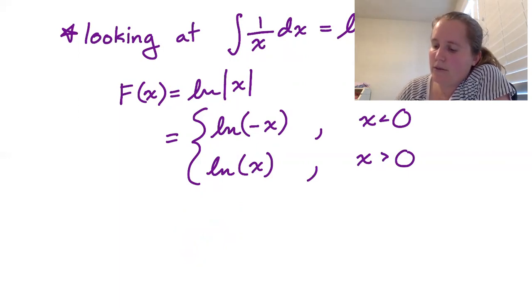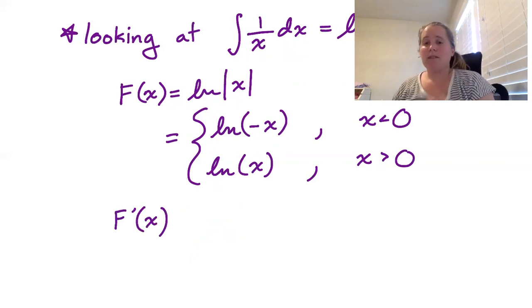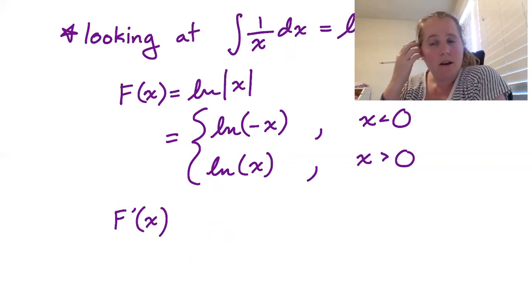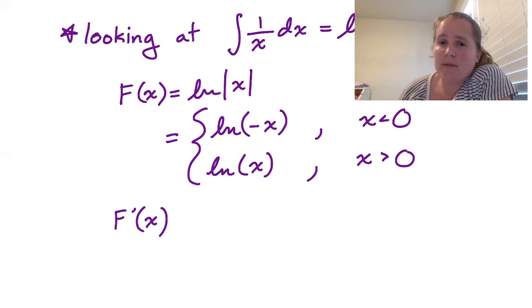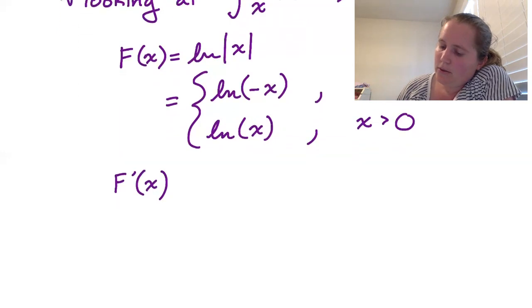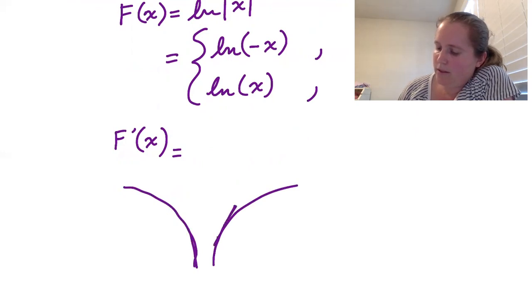If we take the derivative of this, natural log of negative x is just the mirror image of natural log of x, right? Because absolute value is. So if we think of it in terms of a mirror image, all we're doing is sort of flipping the derivative to the other side, right?